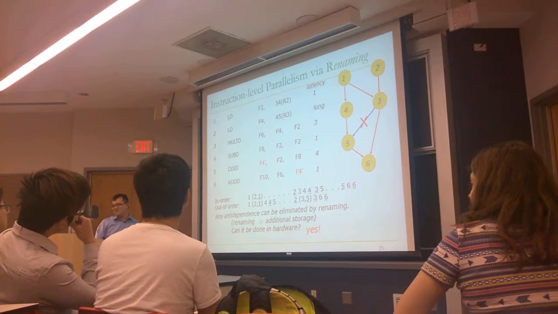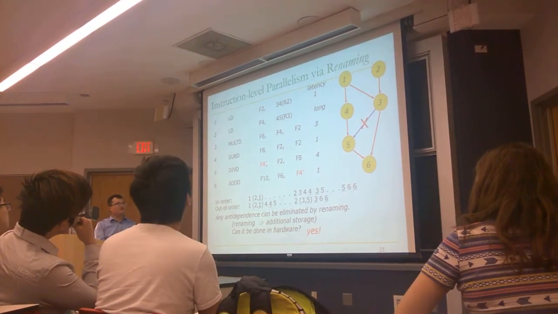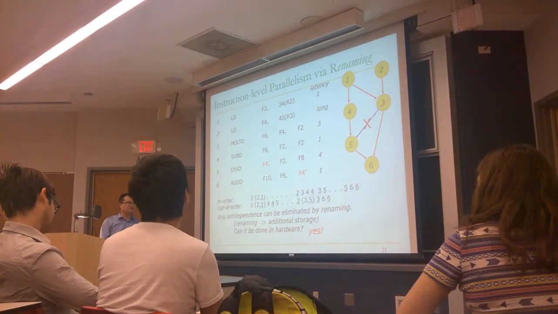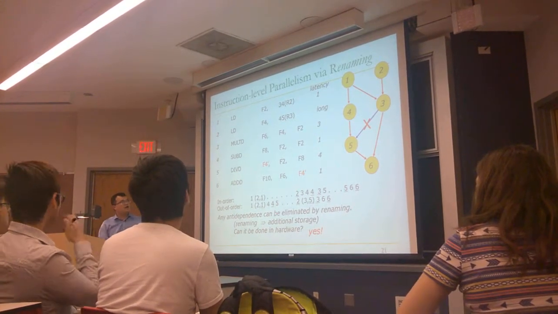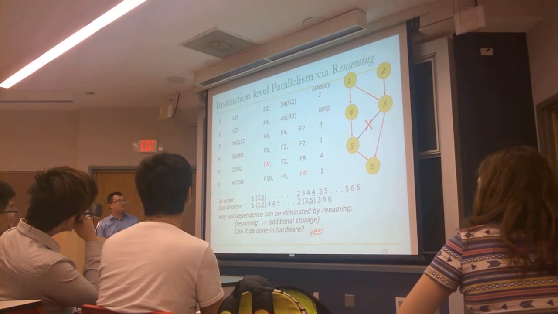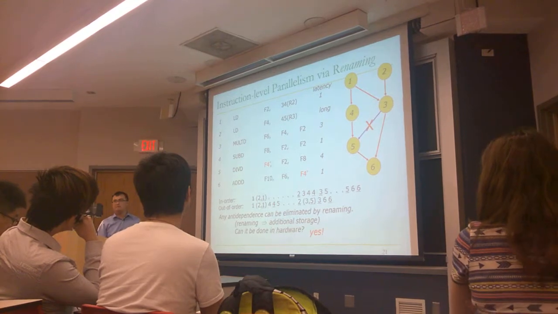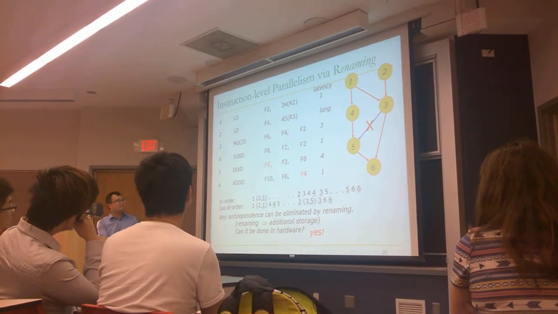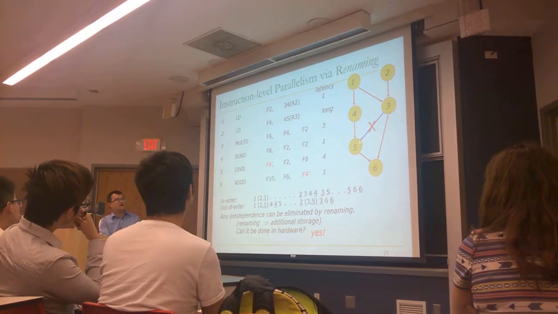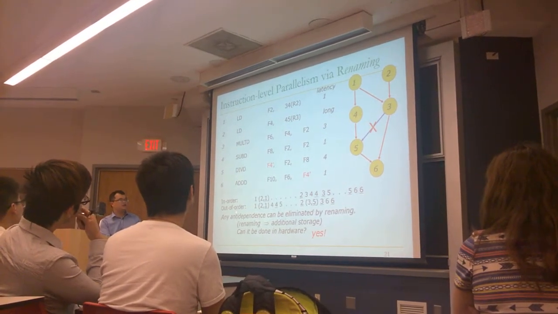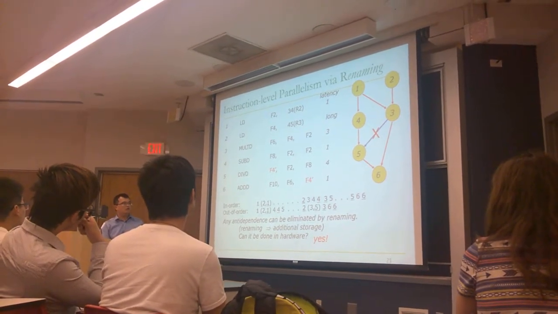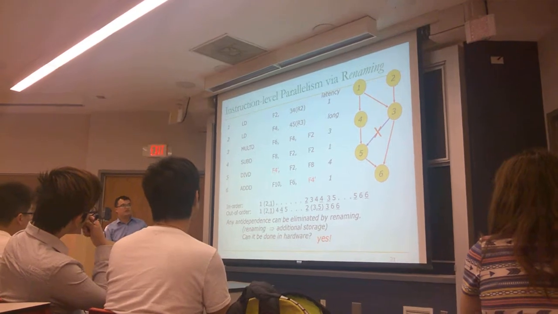And the renaming. Here is a quick example to show how we can address the lack of register number issues and resolve the data hazards. For example, once F4 becomes F4 prime with a different number, then the dependency between 3 and 5 gets released, and we can gain a performance improvement from this renaming.